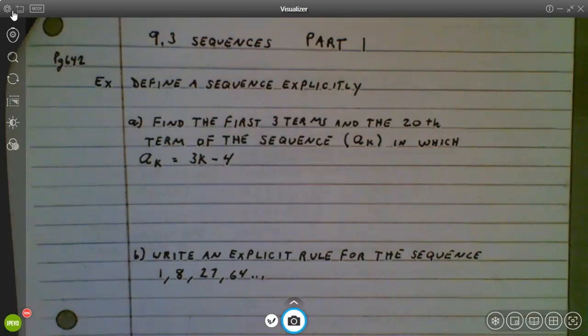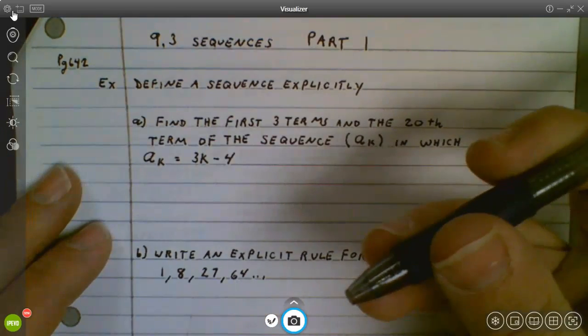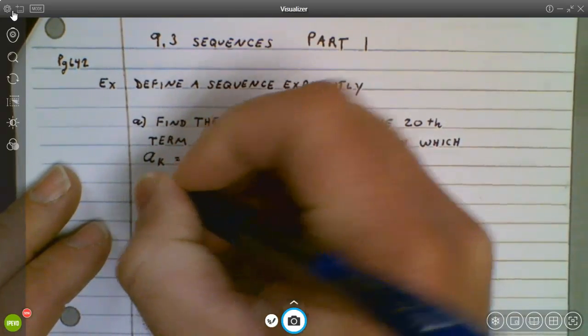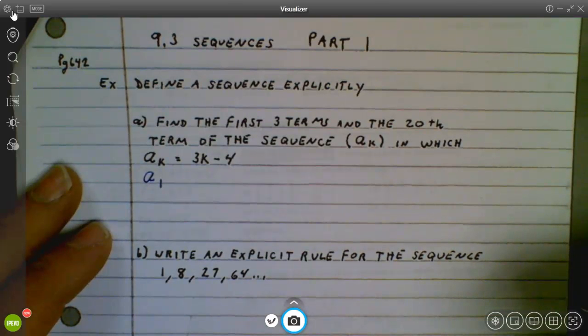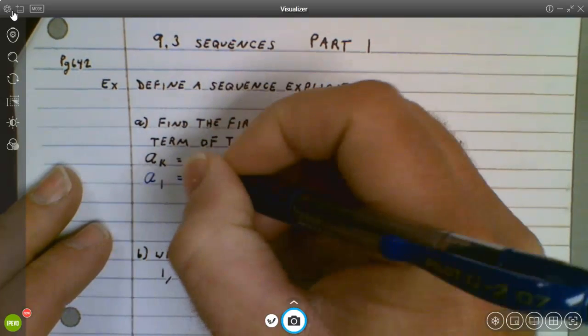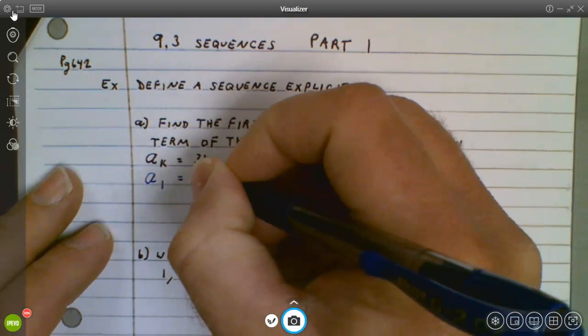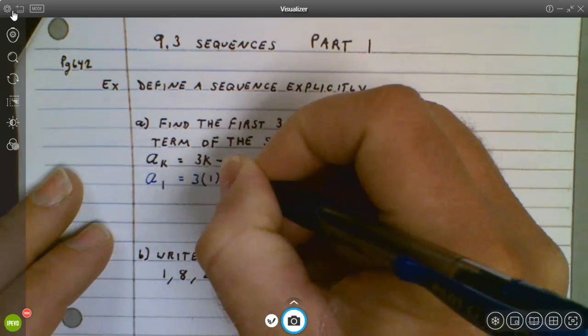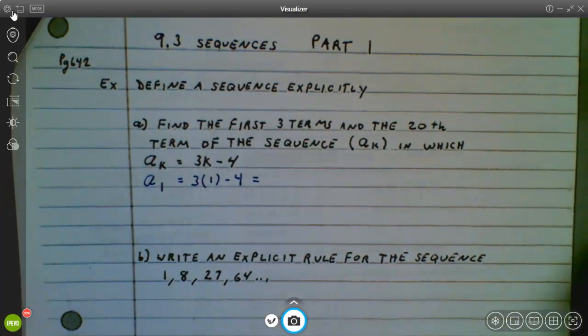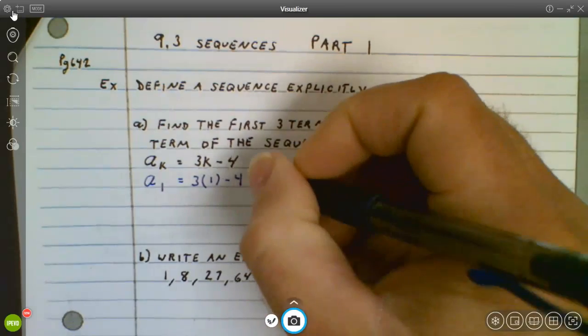For example, if I want the first term in the sequence, I would identify that as a sub 1. In other words, I'm going to plug in a 1 for k to get my result. So if I plug in a 1 for k, what do we get? Obviously 3 minus 4 is negative 1.